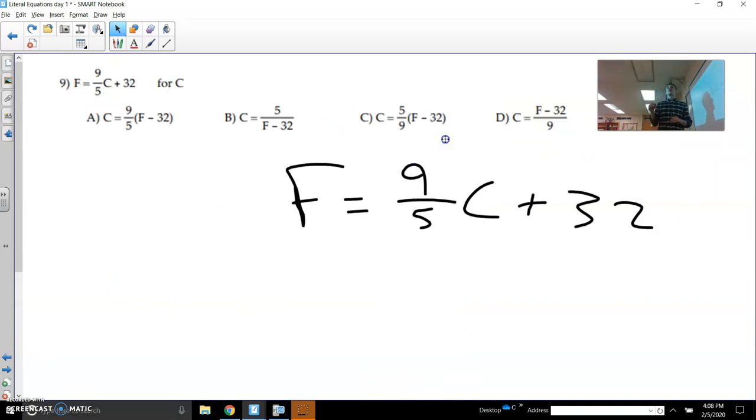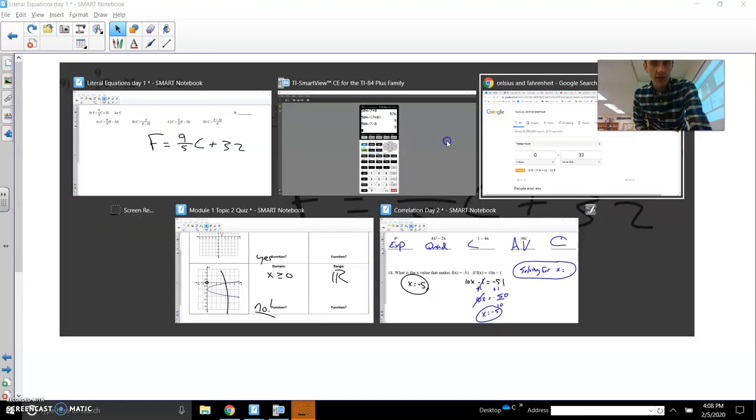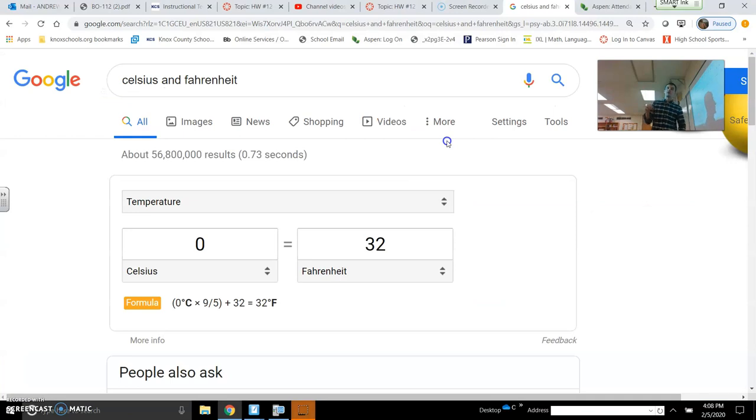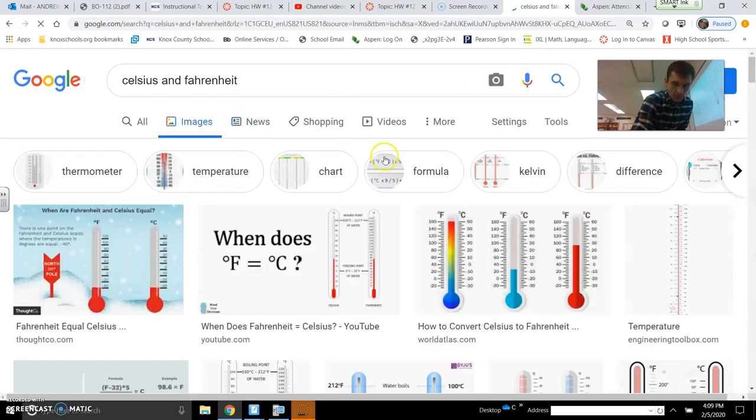When we talk about Fahrenheit to Celsius, these are two different ways that we calculate temperature. It depends on where you live, honestly. A lot of places like in the United States, we are using Fahrenheit, but a lot of other places use Celsius.